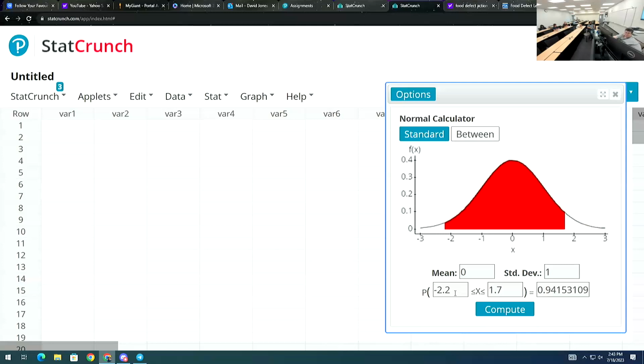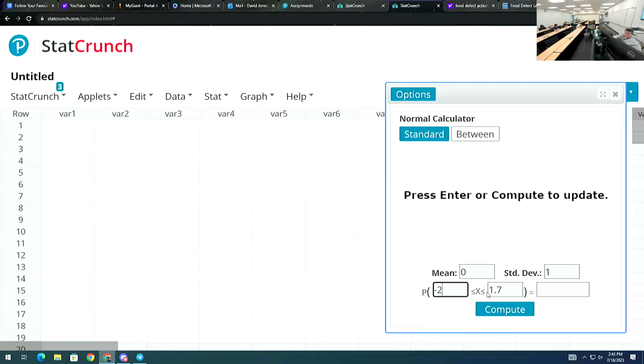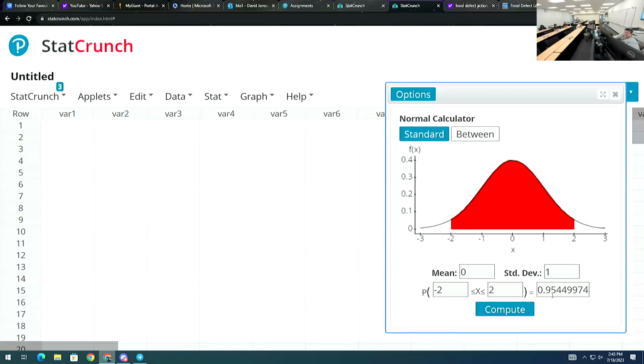And then if I do negative 2 to 2, like 2 deviations, I get 0.9545 to 4 decimal places. As a percentage, that's 95.45%. It's not that close to 95% because it's almost as close to 96%, but it's good enough.